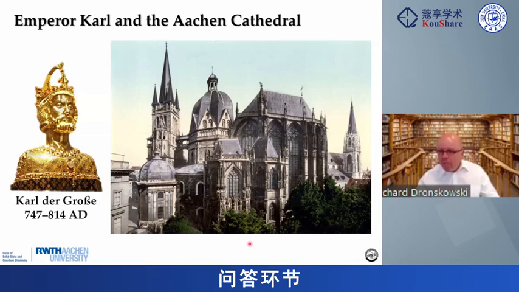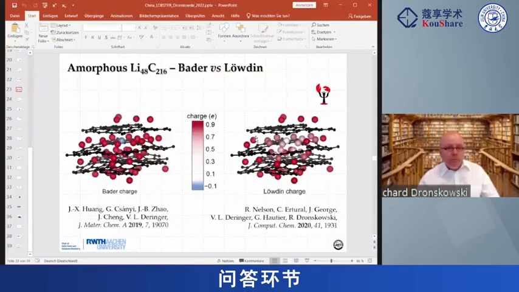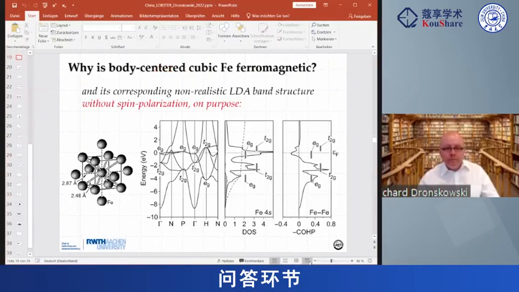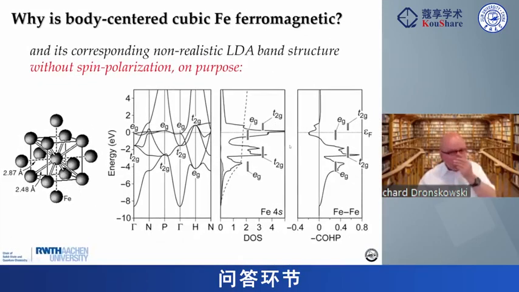In your slide, there is one slide about the magnetism of iron. Okay, yes, I will show it to you. Thank you. It is very interesting because before your talk, my understanding was that the magnetism is based on the Stoner criterion. Can you please comment on that?